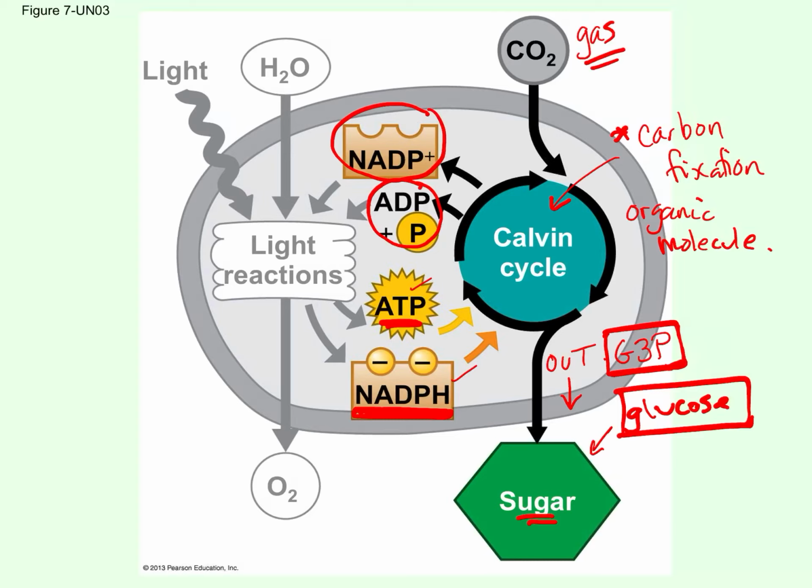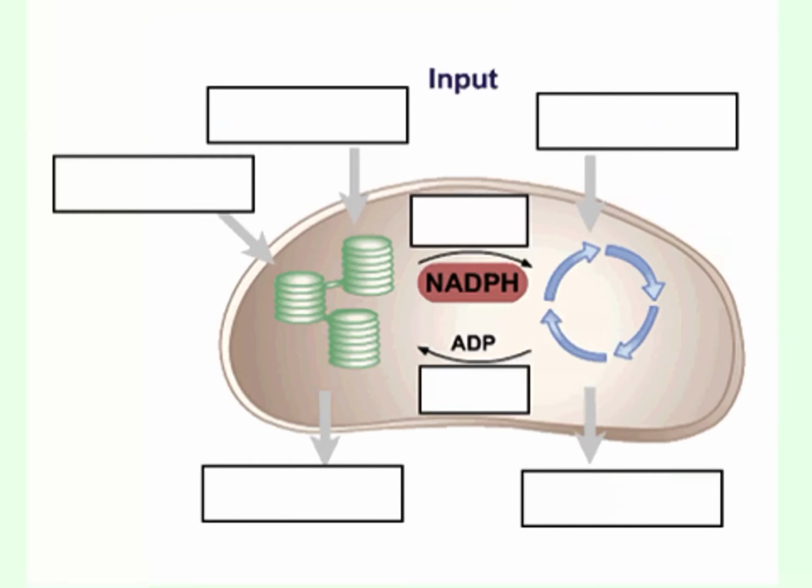All right, so let's work with this a little bit. So here's the same picture. We're just going to fill in the blanks, right? So what's happening here? These are the thylakoid membranes. This is going to represent the light reaction portion. What are the inputs to the light reaction? We are going to need our water. Okay, so let's put water as one of these.